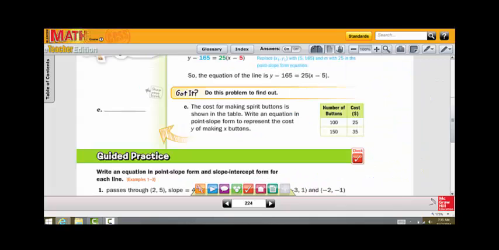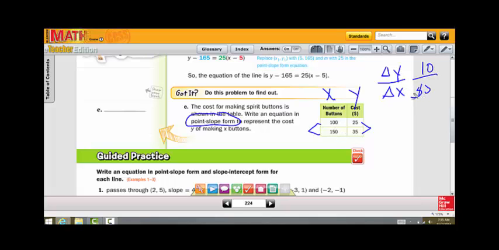Okay, letter D, the cost for making spirit buttons is shown in the table. Write an equation in point-slope form to represent the cost y of making x buttons. So the first thing we're going to do is find the change in y over change in x. Change in y from 25 to 35 is 10, and the change in x from 100 to 50 is 50.